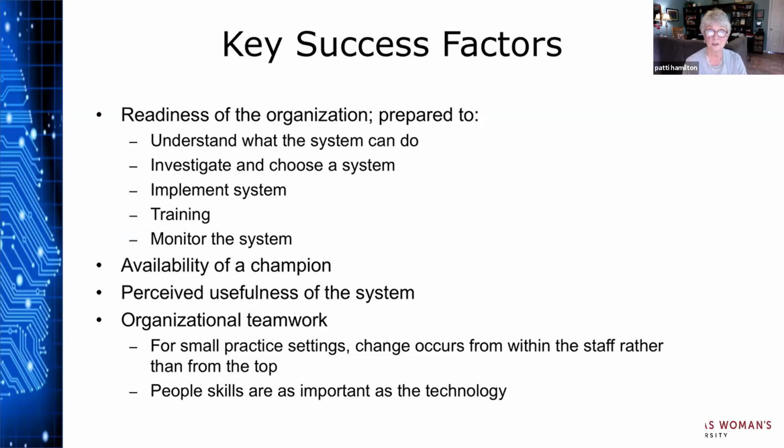Is your organization prepared to monitor the system across time, to catch situations where the system isn't working, and to catch those early so that it can be modified before people develop workarounds around it that become then part of their workflow? I can't tell you how many times I hear nurses who have figured out ways to work around a system rather than having a system that works for them.